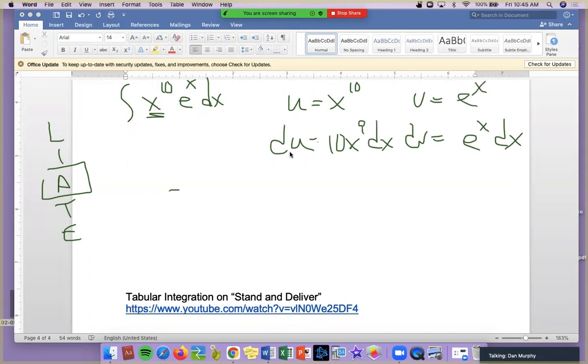And first iteration, you've got e to the x times x to the 10th minus the integral of 10 x to the 9th times e to the x dx.